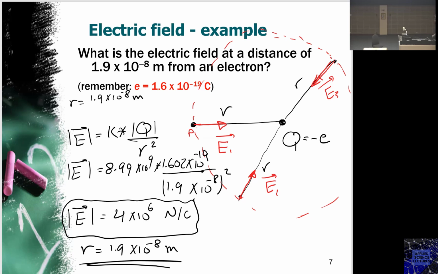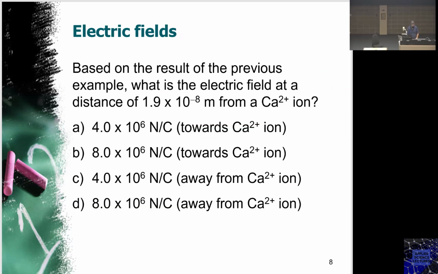So remember those numbers, we'll be using them in the coming slides as well. So for one electron at a distance of 1.9 times 10 to the power minus 8, I got a magnitude of 4 times 10 to the power 6 newtons per coulomb. Okay.